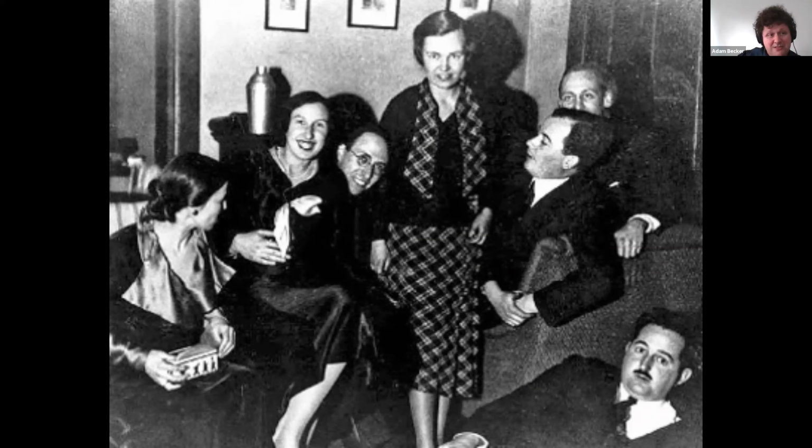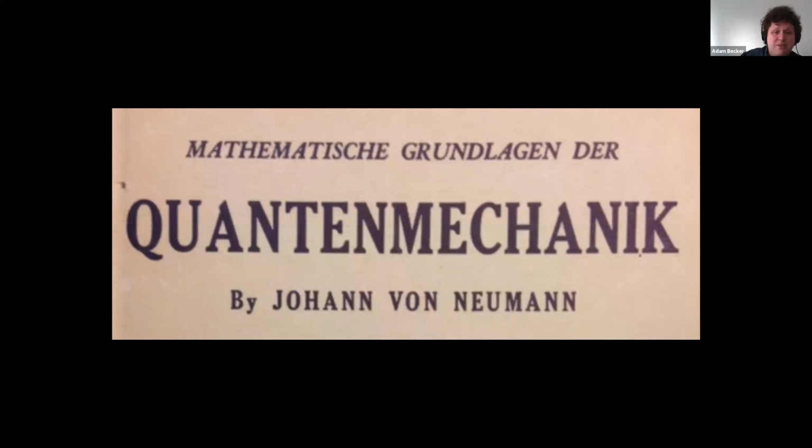To get back to Bell, Bell himself couldn't go check von Neumann's proof because at the time that he was reading this, von Neumann's textbook was only available in German, and Bell didn't read or speak German.